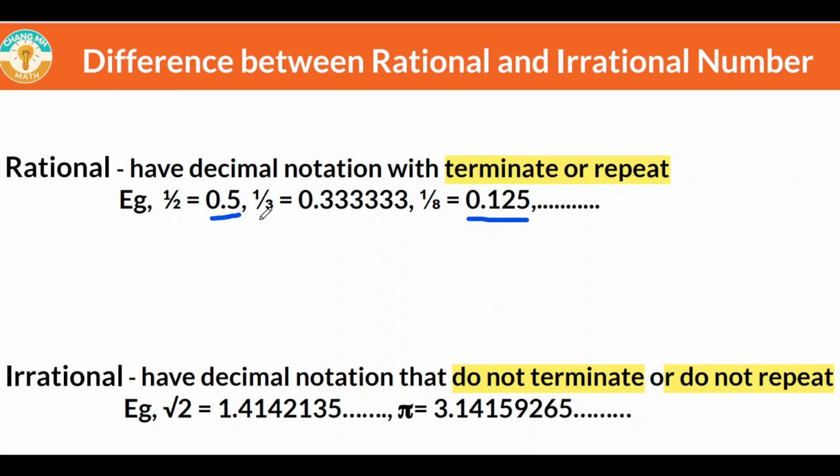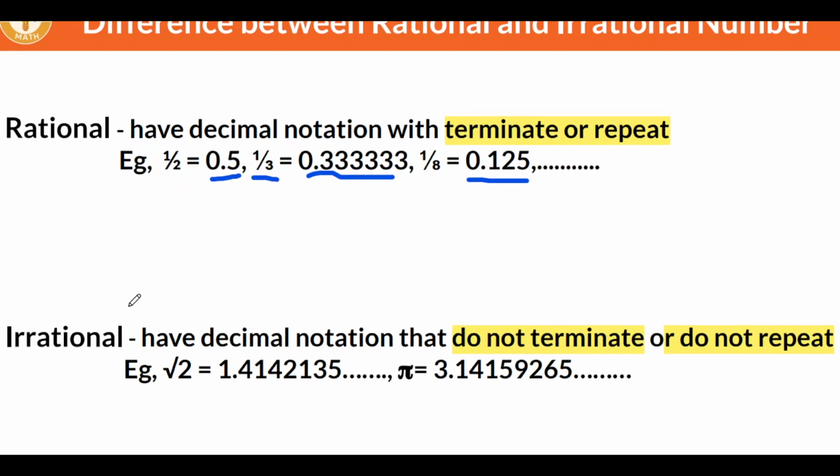And there are some numbers like the fraction 1 by 3. When we divide that, we get 0.333, repeating 3, right? So when the decimal notation terminates, it is rational. And when it does not terminate but repeats, it's also a rational number.